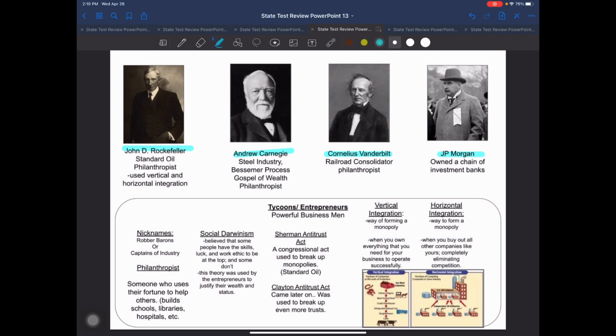These pictures are of these men later on in age, but I need you to understand that the businesses that they grew, they started as young men and grew their companies to be some of the largest, most successful ones in the country.